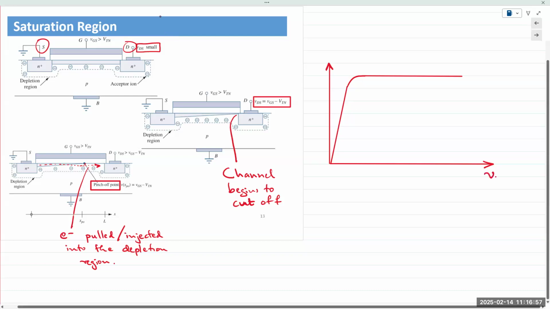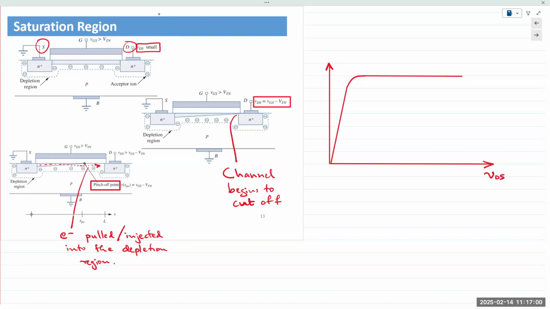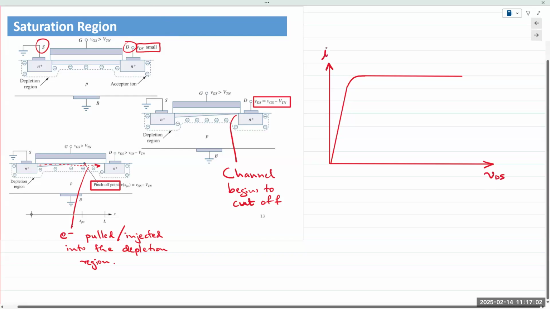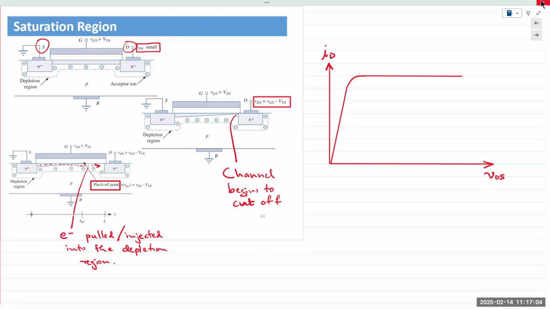So this is VDS, and this is ID, drain current. And of course, when VGS is equal to 0 right there, the channel is already pinched off. I'm exaggerating this effect. This is when VGS is 0 volts.